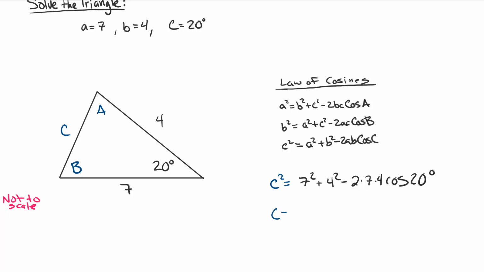Now C is going to be equal to the square root of all of this, so possibly cleaning it up maybe just a teeny bit, I end up with, I think that's 65 minus 56 cosine of 20 degrees.